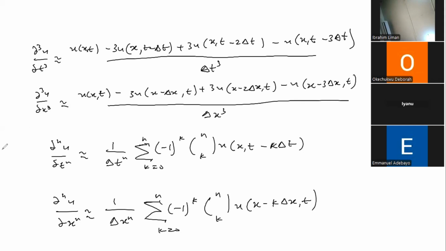Then another method for discretization, which is usually considered to be more efficient, is the central difference approximation. Okay. So let's assume we want to use the central difference approximation.